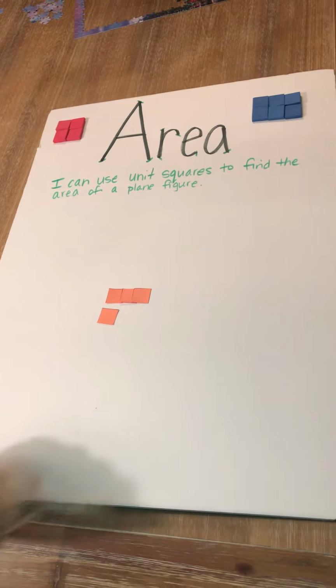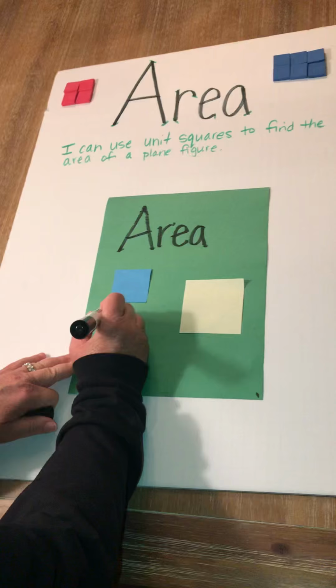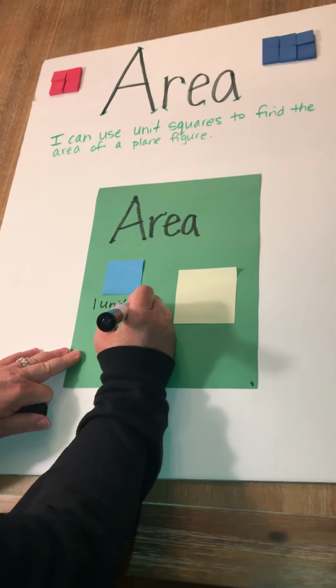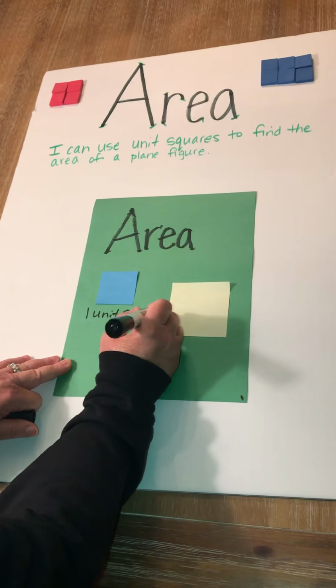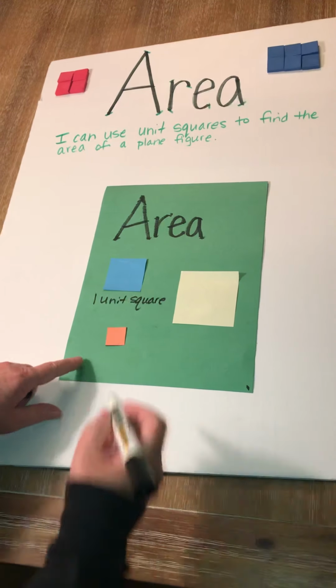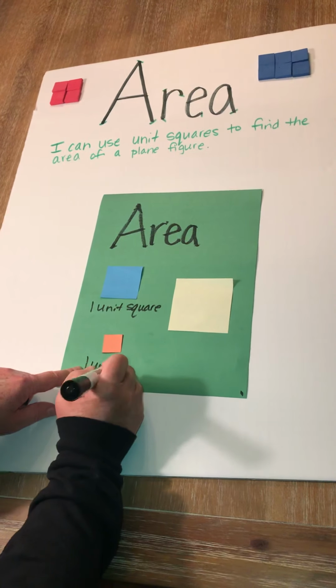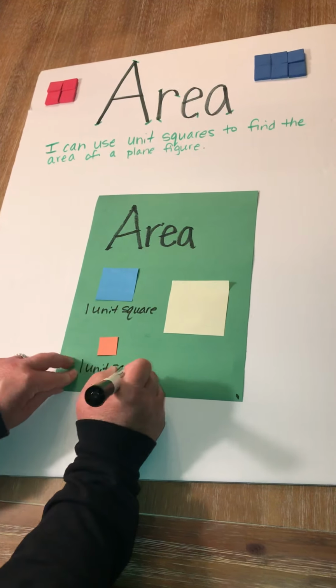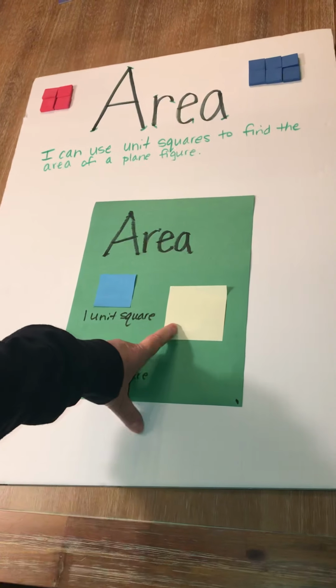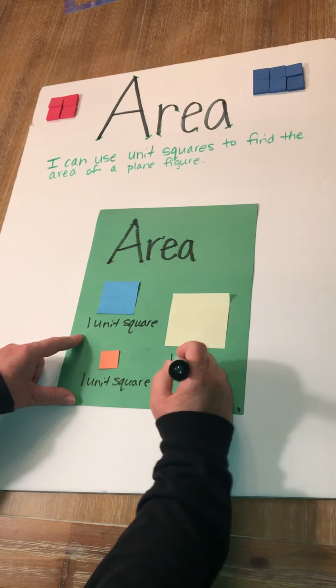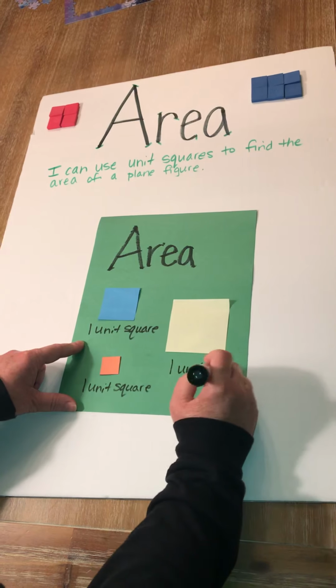Today I have 3 different squares. This is 1 unit square. This is 1 unit square. And that's right, you guessed it. This is 1 unit square.